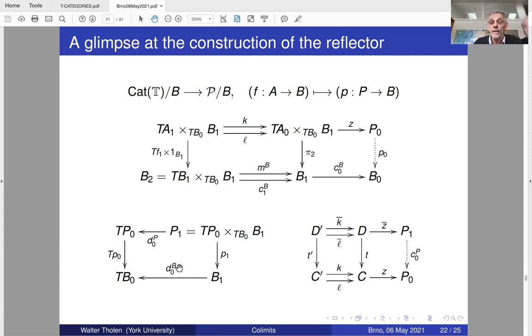But from then on, it is not so easy anymore, because you get your domain morphism for free. But what is a codomain morphism? Well, this is a pullback. So the codomain morphism is a morphism out of the pullback. There's no chance at this level to get it like this, unless you're able to present that pullback as the codomain of a reflexive co-equalizer.